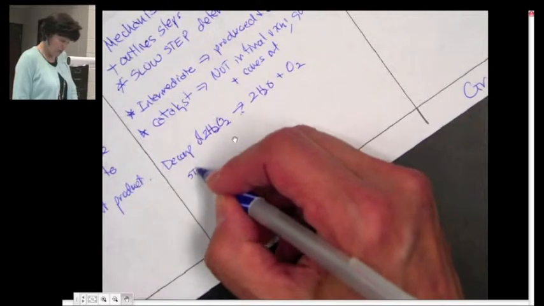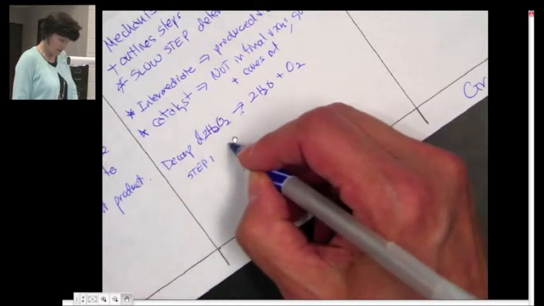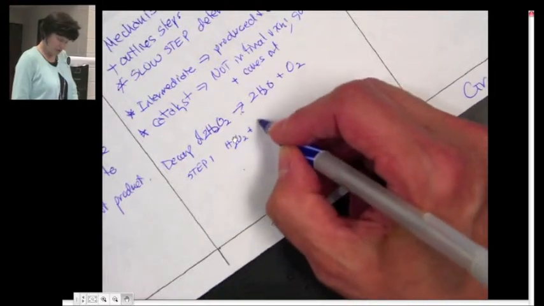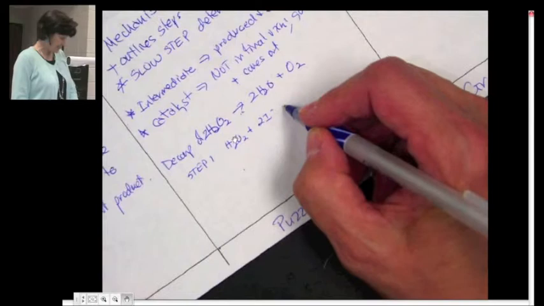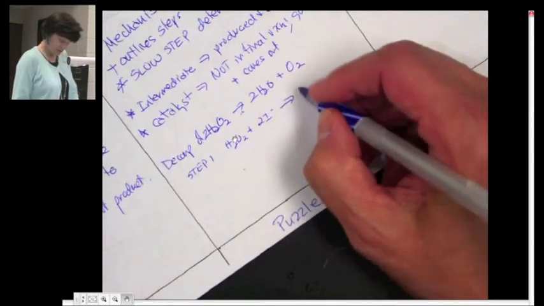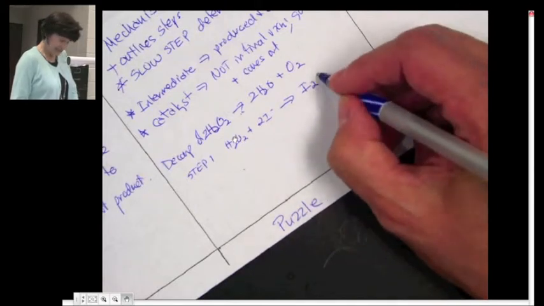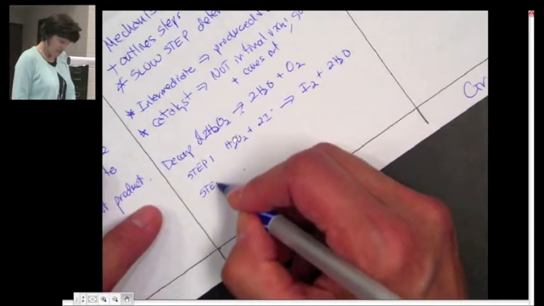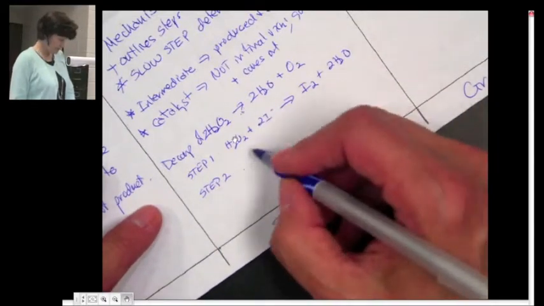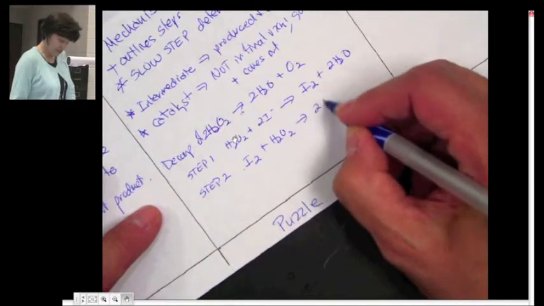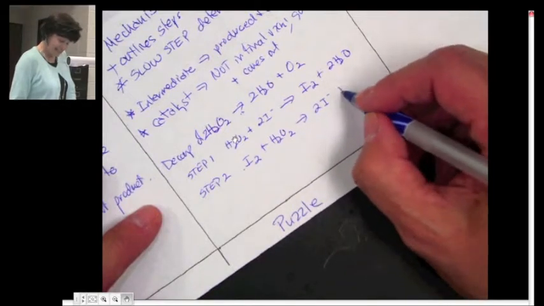So the proposed sequence of steps here would be that the hydrogen peroxide molecule reacts with an iodide ion, which acts as a catalyst, by the way, to produce the iodine molecule and 2 molecules of water. And then the second step is that the iodine molecule reacts again with the hydrogen peroxide to get you 2 moles of the iodide ion plus oxygen.